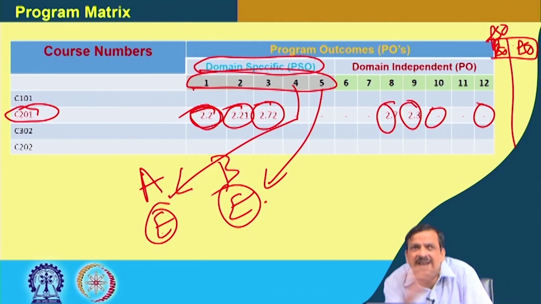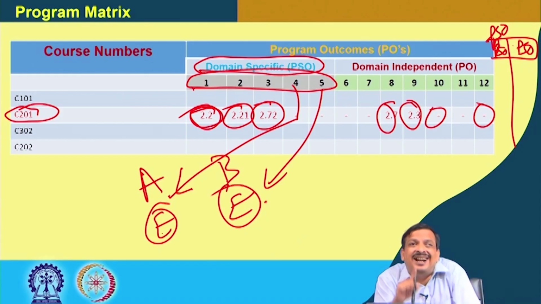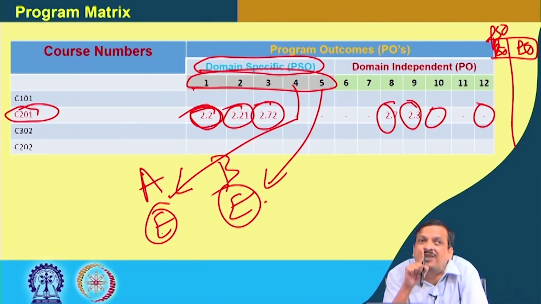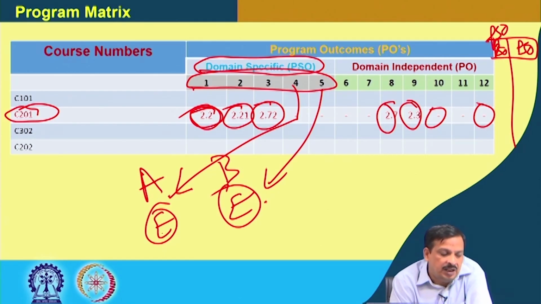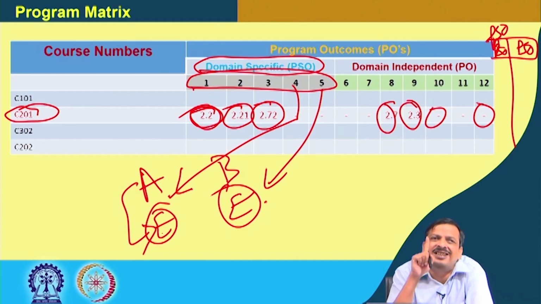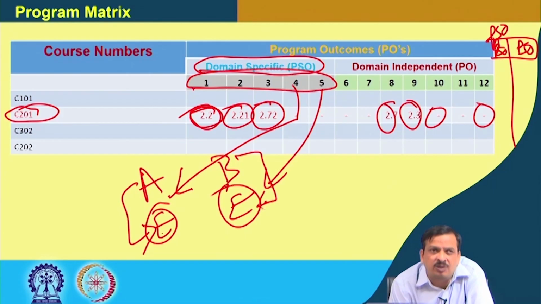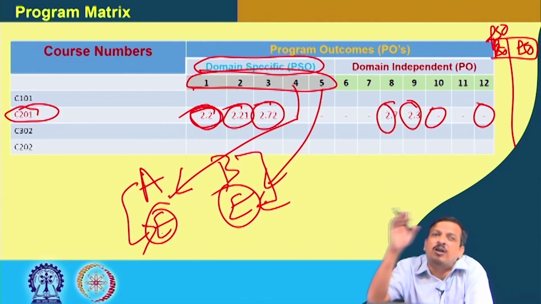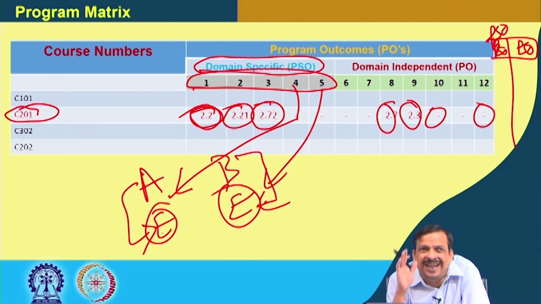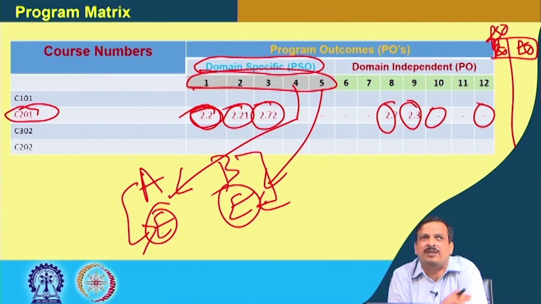Then what does PSO indicate? PSO indicates the expertise of that department. What is expertise? You may say Institute A electronics department may have expertise in VLSI design. Institute B electronics department may have expertise in microwave. So, PSO must indicate that Institute A has expertise in VLSI.